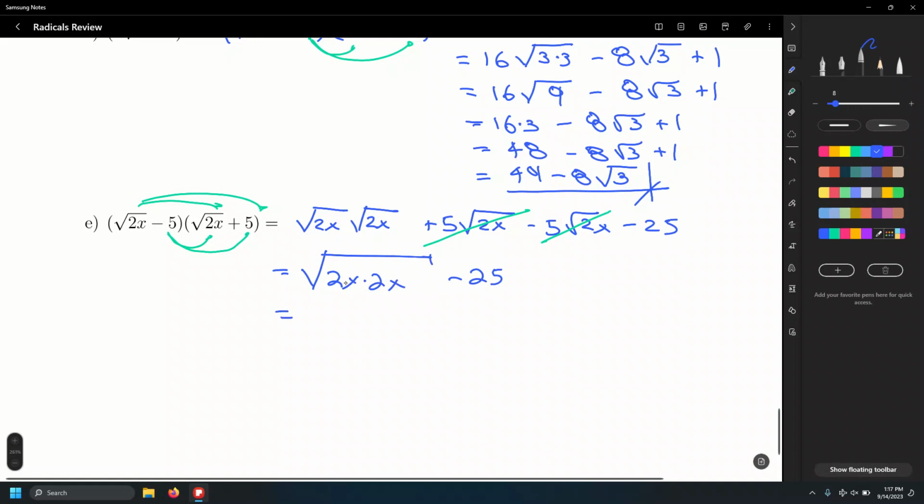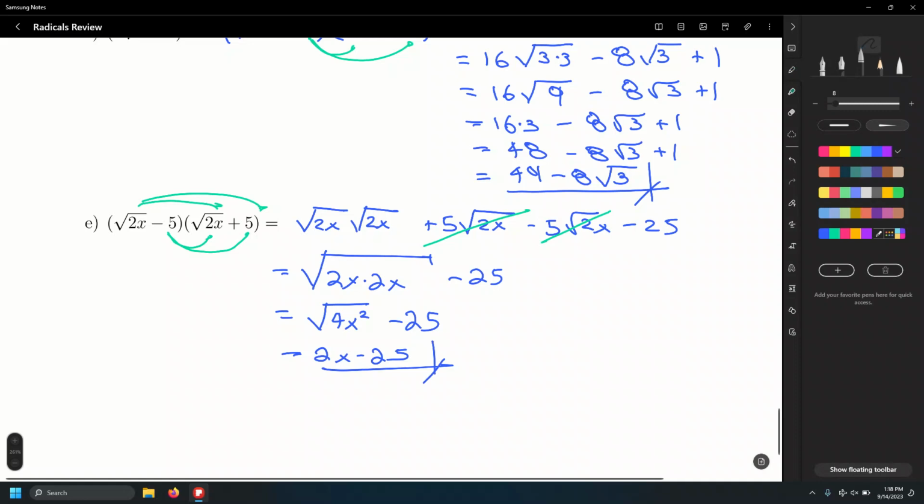So what is that going to be? 2x times itself, that's a 4x squared minus 25. Notice how the first term is a perfect square, 4x squared, which is going to be reduced to 2x minus 25. In fact, not even a single radical appears in our final answer. So yes, this is the FOIL approach, which is fine if you want to do it like this.